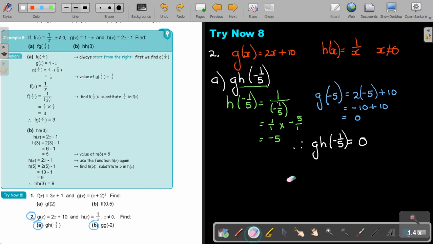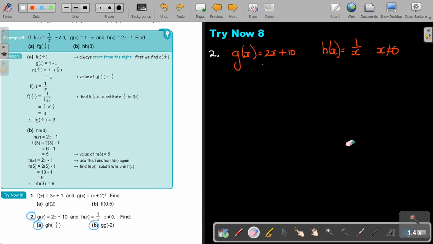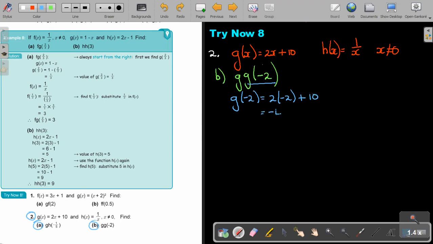Let's do number B. In number B, they are also asking for the double, g(g(-2)). And now again, start there. Start with g(-2), and that's 2(-2) + 10, and that's -4 + 10, and that is going to be 6.